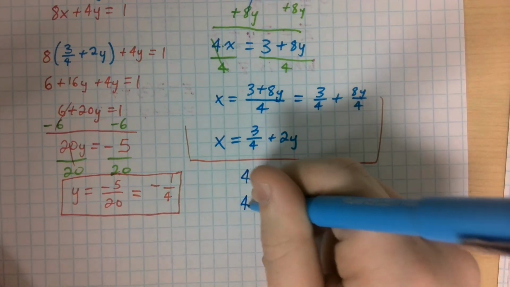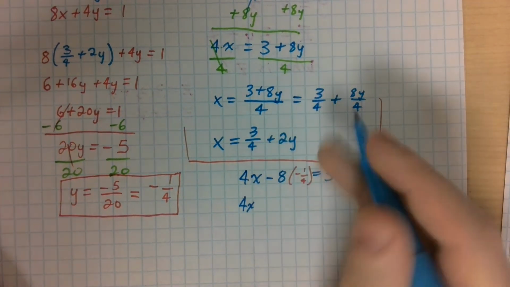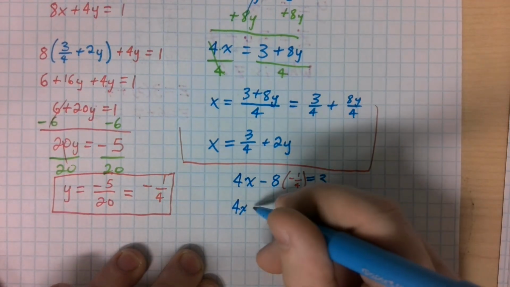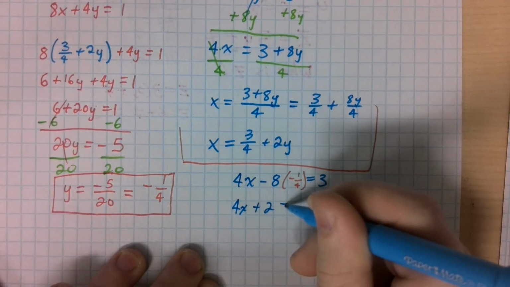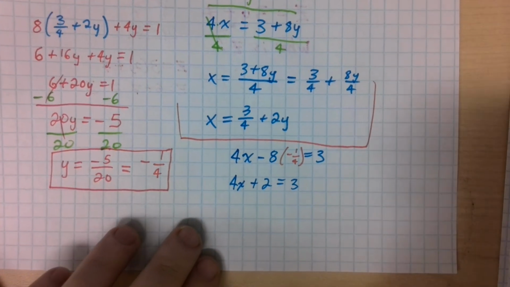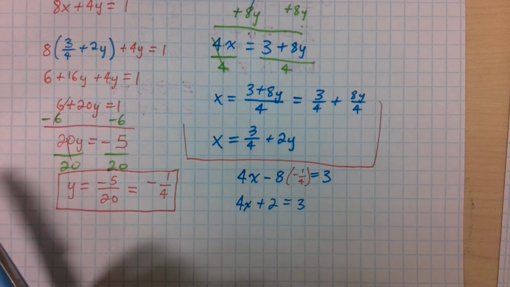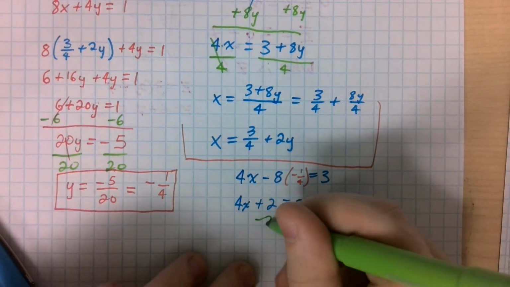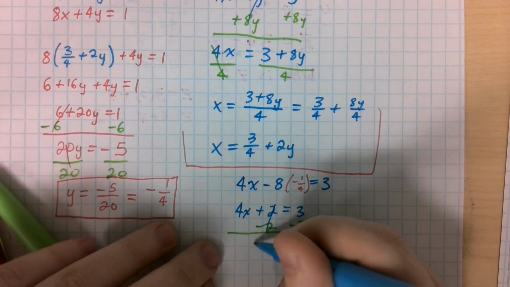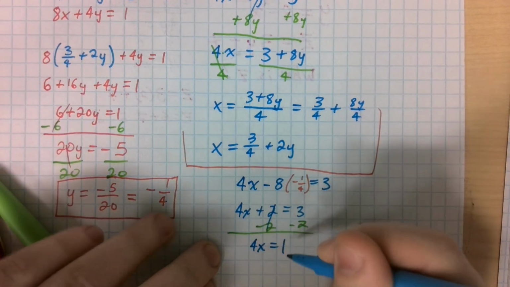Well, we know the 4x is going to stick around. 1/4 of 8 is 2. And since we have two negatives multiplying, it's going to be positive 2. 4x plus 2 equals 3. Now we need to get rid of everything attached to the x. We're going to subtract 2 first from both sides. These will cancel out, giving us 4x equals 1.